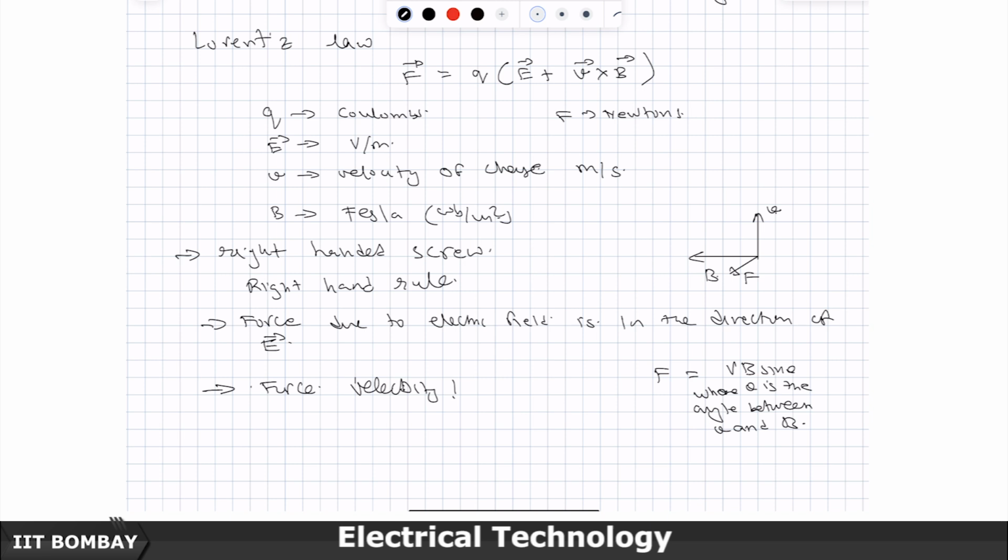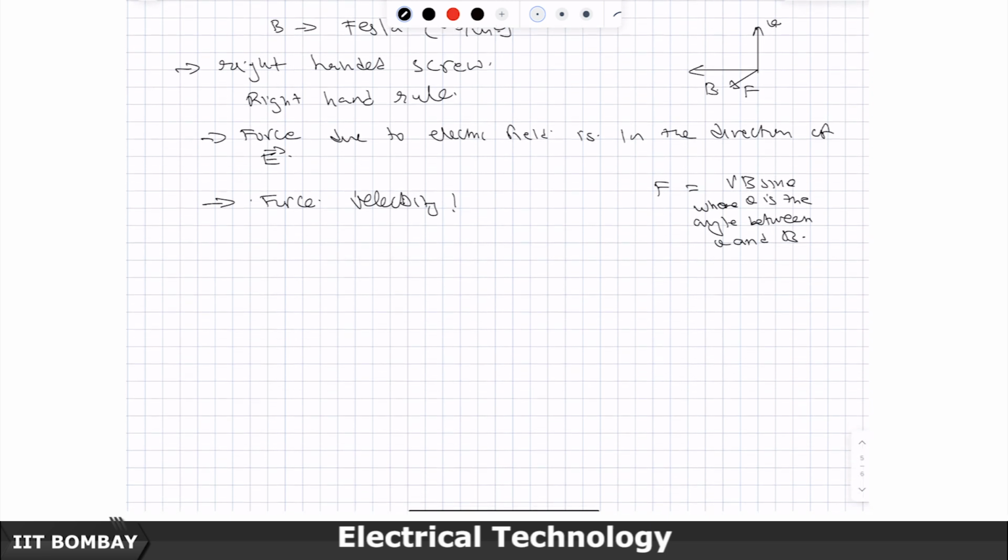So, it also depends upon the magnitude and direction of the V. The direction of the V figures out how it is relative to the B vector, because we are talking in terms of V cross B. If we do not have an electric field to worry about, then the Lorentz force will come down to, for a given charge, V cross B.